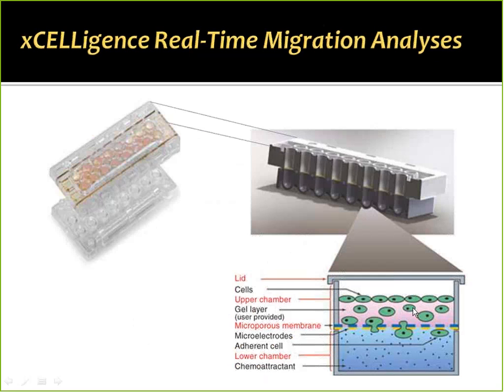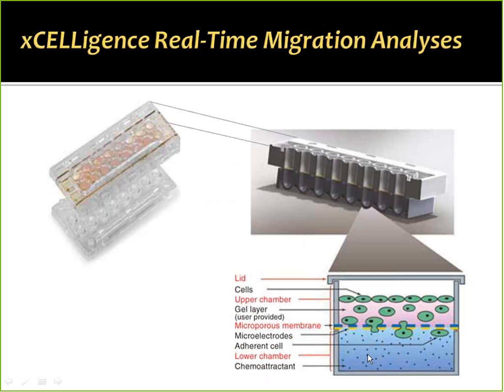The SIM plate works similarly to the E-plate, except that it consists of a two-part system, an upper chamber, as you can see here, and a lower chamber, which is separated by a microporous membrane, which is depicted here. The chemoattractant that you're testing is typically placed in serum-free media in the bottom chamber.